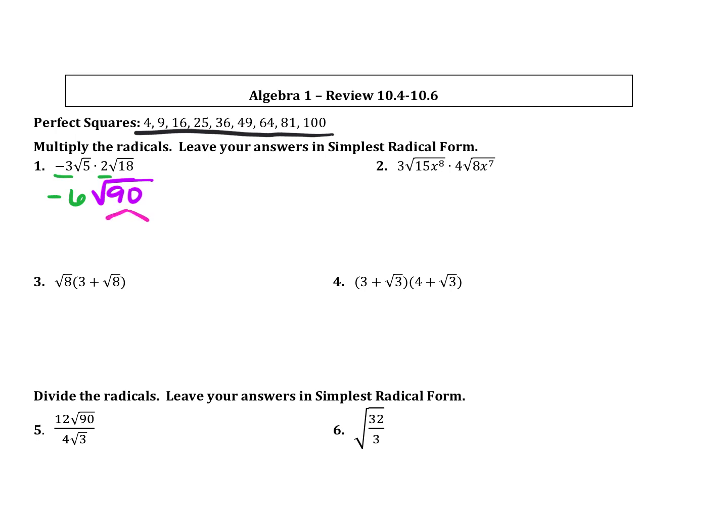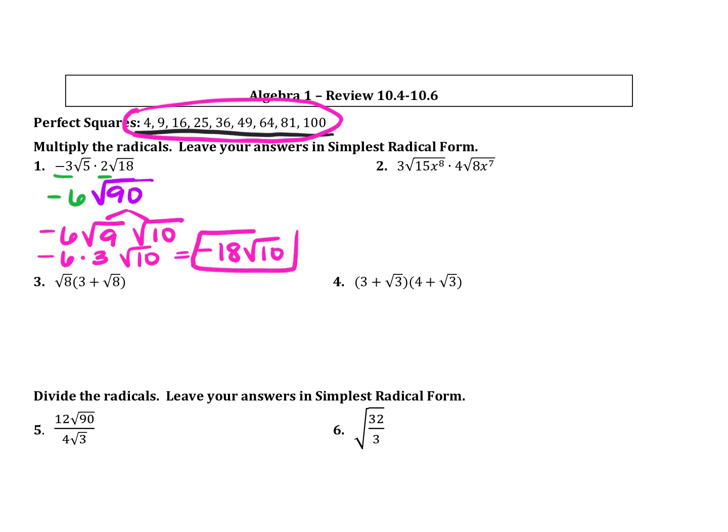Break it down. So perfect square and non-perfect square, and don't forget about the -6 out in front of all of that. What does the square root of 90 break down to? Which perfect square? The 9. So this is -6 times 3 times the square root of 10, which is -18 rad 10.